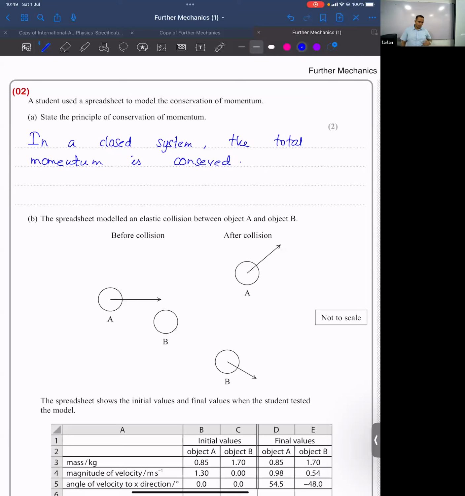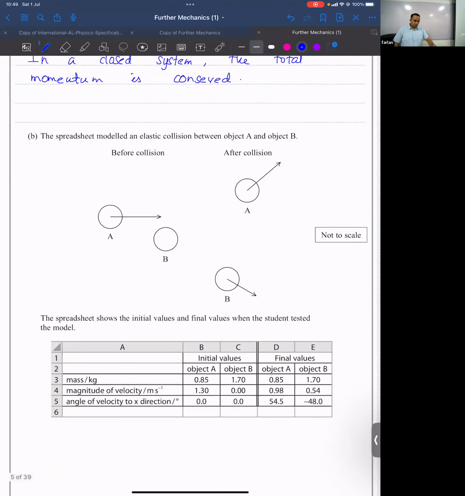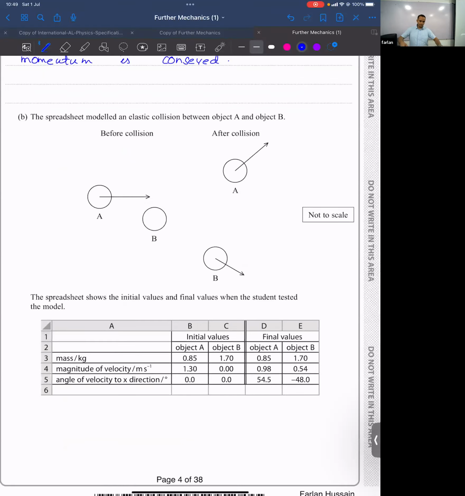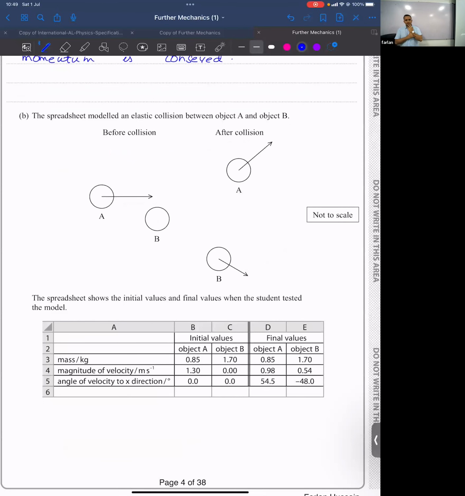Right, part B. The spreadsheet modeled an elastic collision between object A and object B. The diagram is not to scale, just a random diagram to help you understand what's happening. The spreadsheet shows the initial and final values when the student tested the model. There are 5 columns.